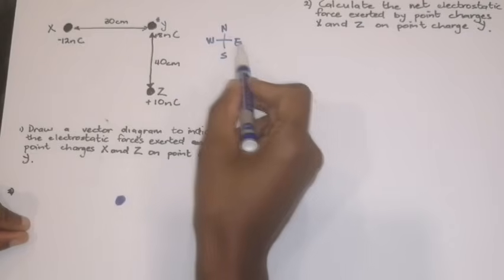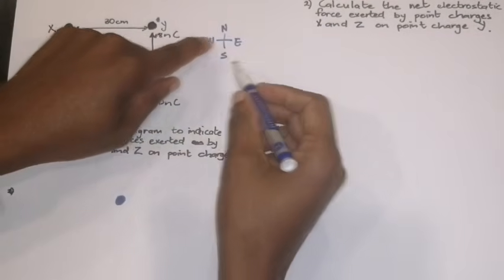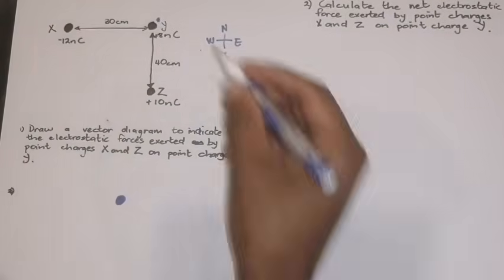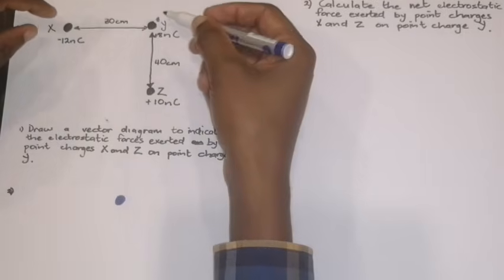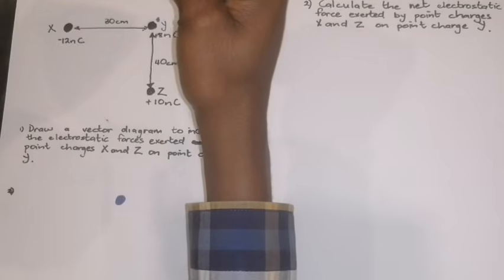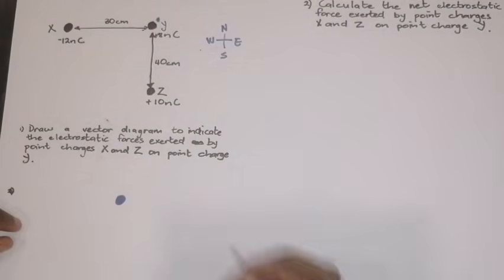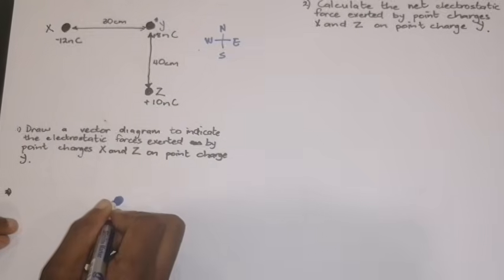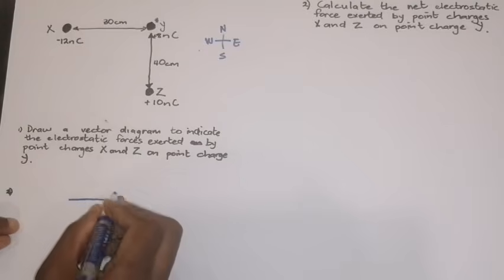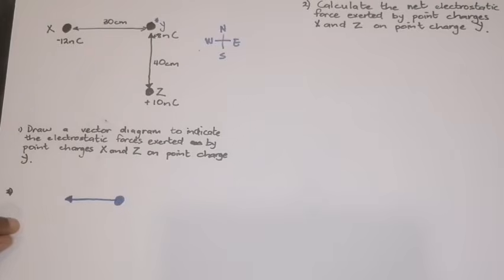I always confuse west and east, so to remember it I always say "we", which is the way you'd normally write it. So Y will be pulled towards the west because of point charge X. Here's the direction that Y would be pulled towards because of X. We agree on that.